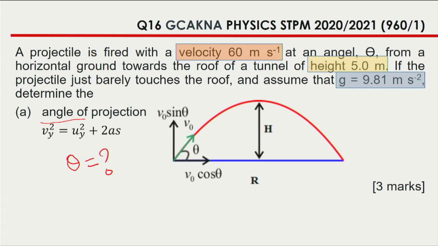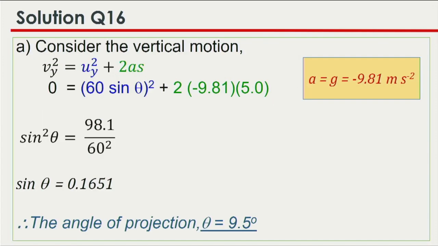There are many equations that could be used to solve the problem. Based on the information given, we select the most related equation. For the angle of projection, we can use V squared equals Uy squared plus 2gS, considering the vertical motion.